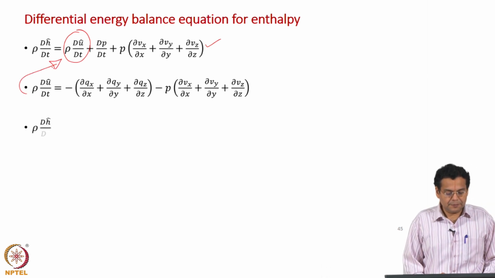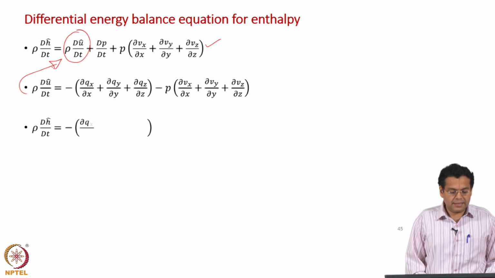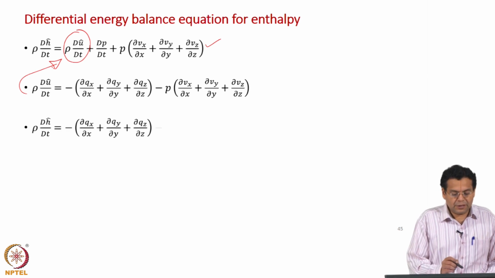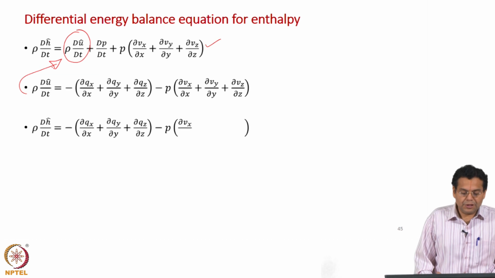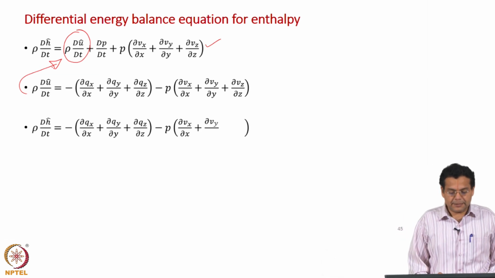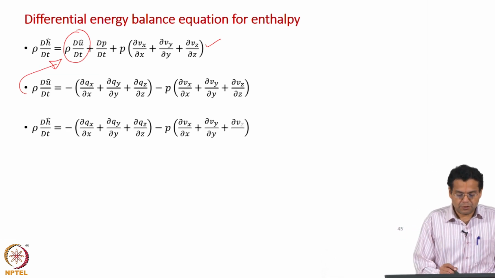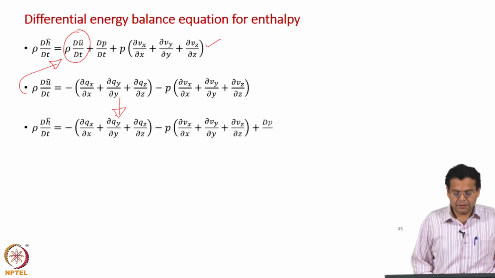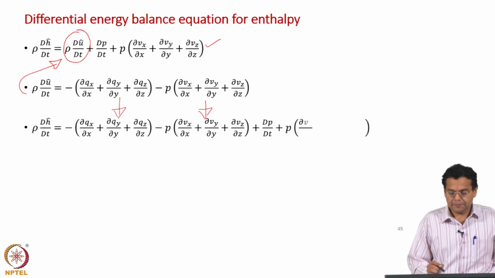So, let us substitute. Left hand side is rho d by dt of enthalpy. So, we are substituting for rho dU cap by dt on the right hand side. So, we have got this term here and we have got this term here, and then these two terms are here.